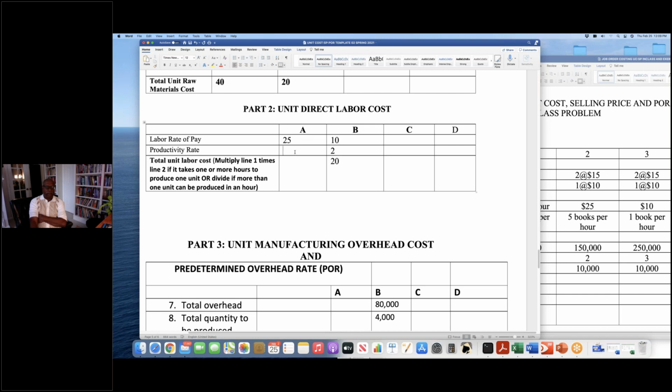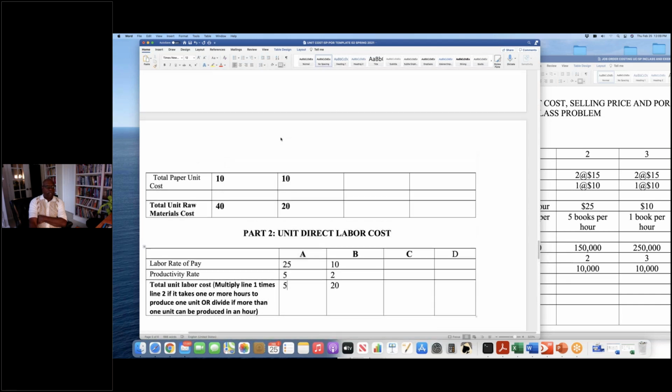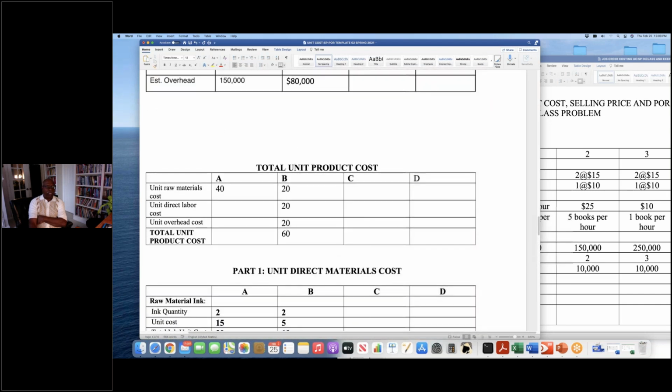Productivity rate, 5 books per hour. So the total unit labor cost is divided, so it'll be 5. What are we going to do with the 5? Bring it up to the unit direct labor cost.